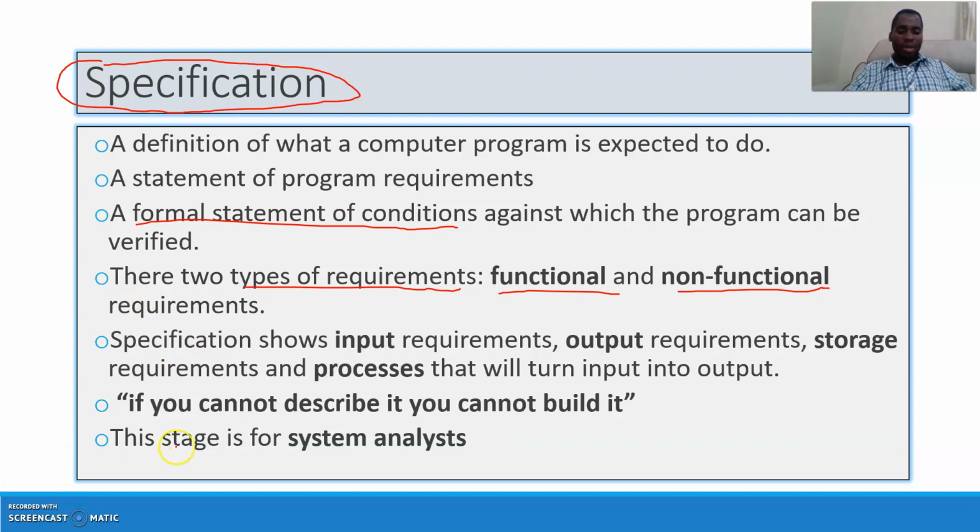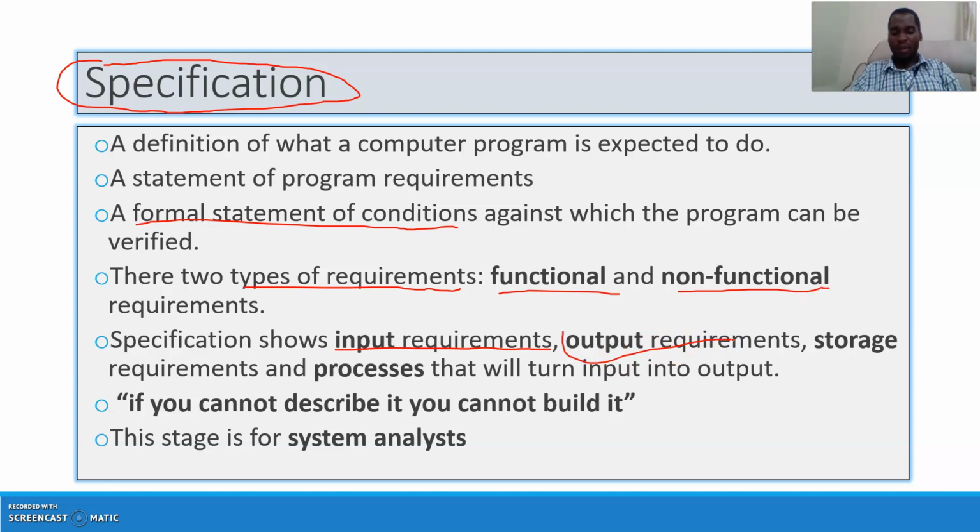So when you are coming up with your specification, you specify what will be the inputs to the program. Where will this input come from? From the user, from another program, from where? And what will be the output? Reports or output statements that we may need to have.